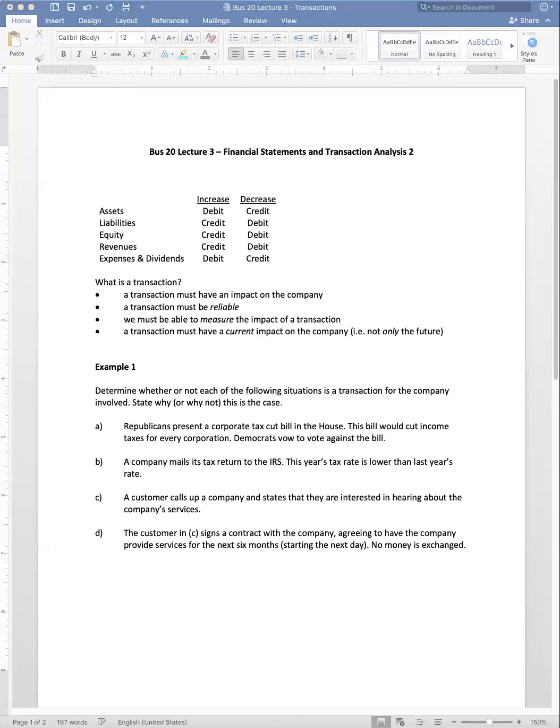All right, now let's clinch it. Let's say that in addition to signing the contract, I give them a payment for the first month of insurance in advance. All right, so in E, the customer in C and D pays the company in advance for the services to be provided over the next 6 months, starting the next day.